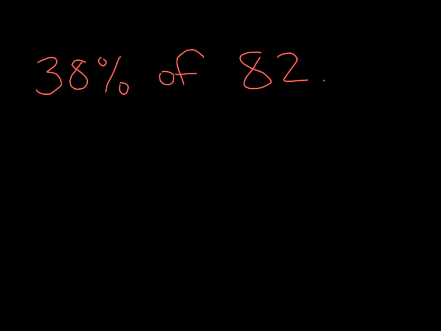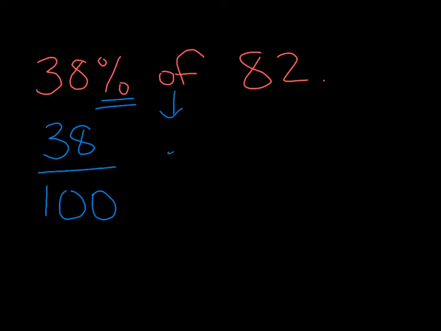The first thing I need to remember is that percent is always per 100. When I see this, this is 38, and when I see the percent, I know that it's per 100. Then when I see the word "of," I know that's multiplication. And then 82. So I have 38 hundredths times 82.